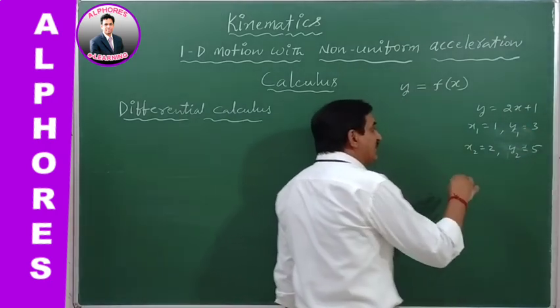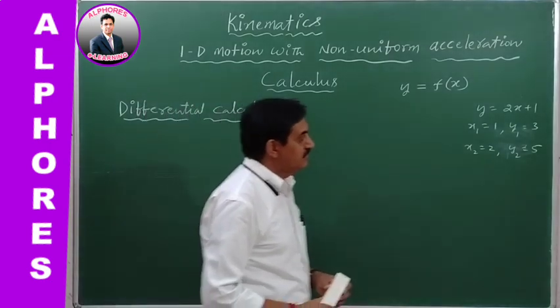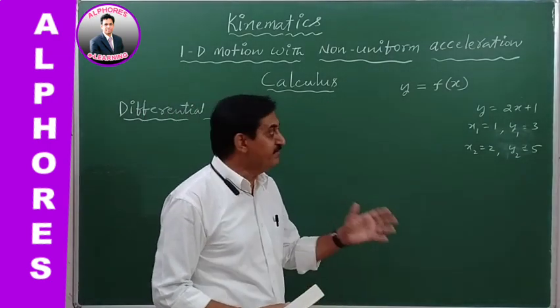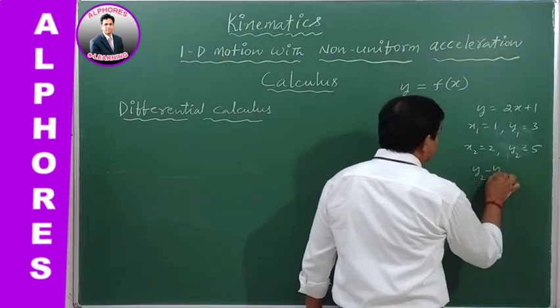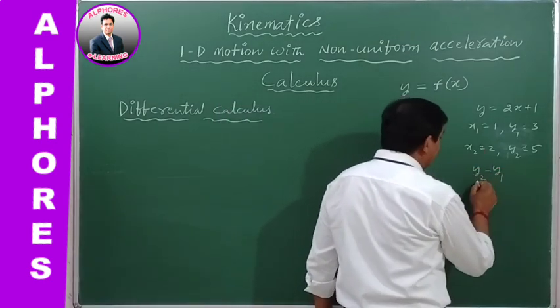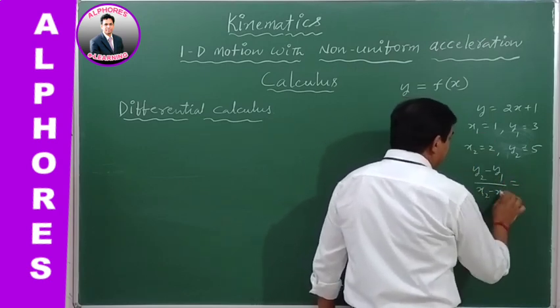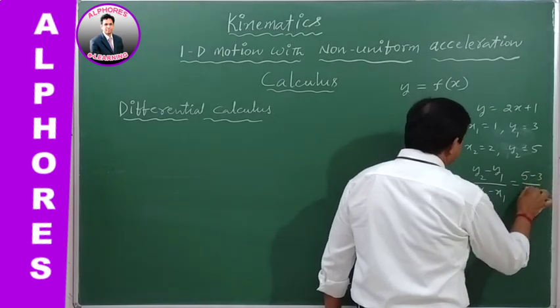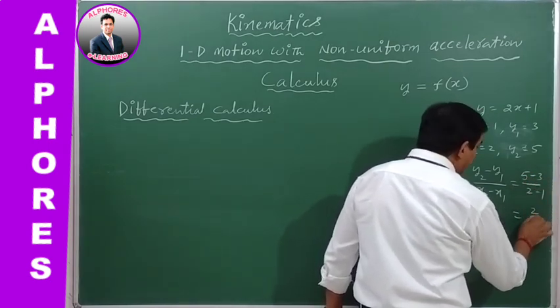So we calculate how much change is presented in y with respect to change of x, that is y2 minus y1 by x2 minus x1, that is 5 minus 3 by 2 minus 1.